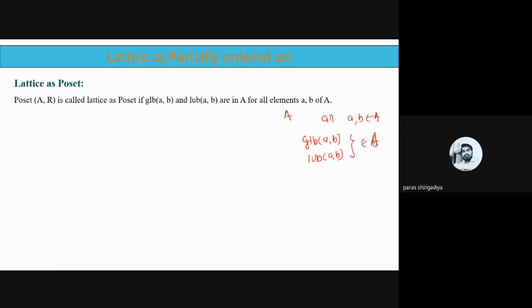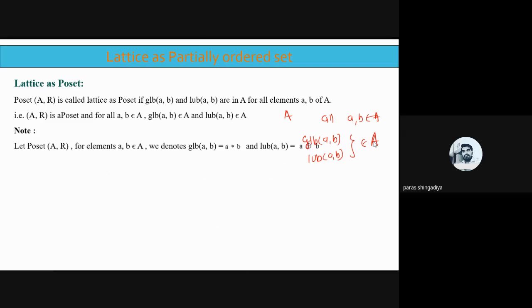If it again exists, belongs to the A, then we can say that (A, R) is called lattice as a poset. Clear? And for that we have its relation, means its symbolic form. (A, R) is a poset, and for a, b belongs to A, GLB of (a, b) and LUB of (a, b) so it belongs to the A again. Okay, that is the meaning of that.